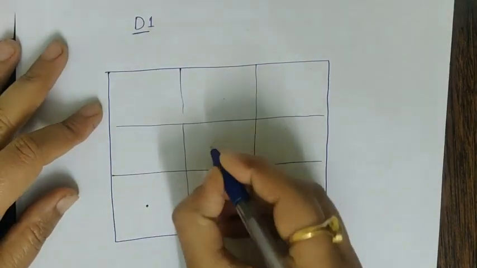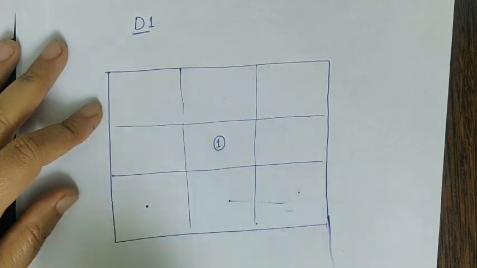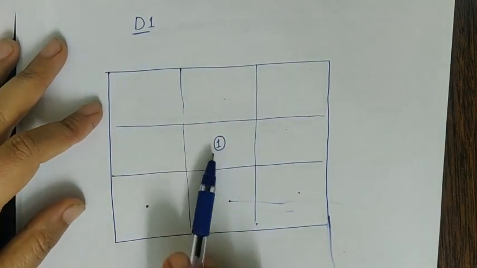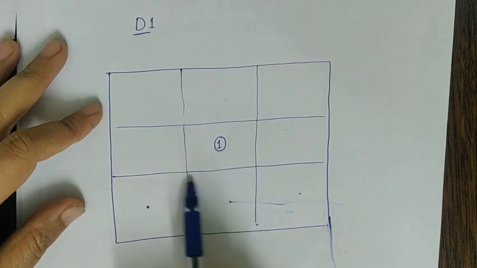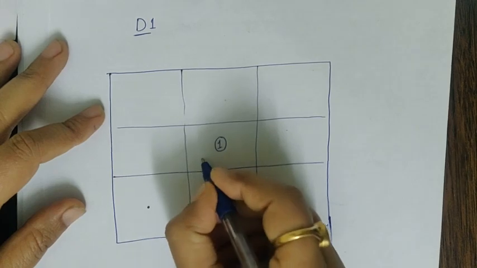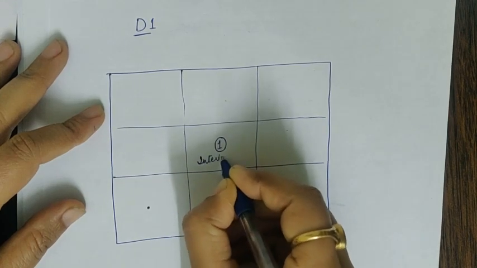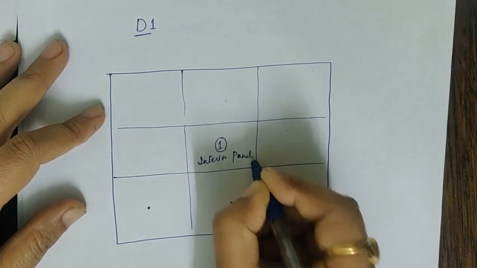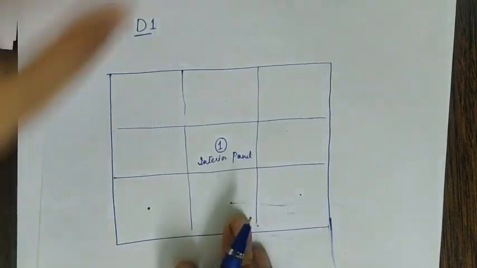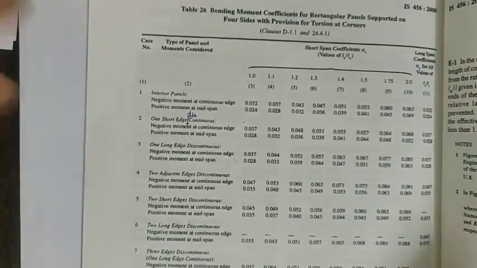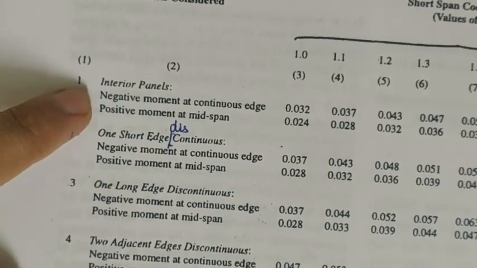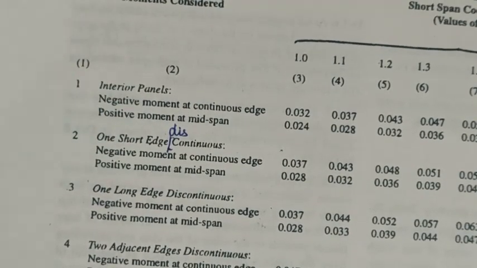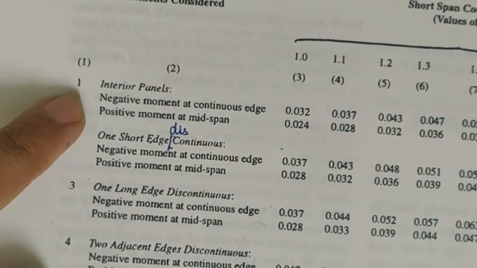Now look at this slab typically. Slab number 1. This slab is continuous on all the four sides. So this slab number 1 is actually called an interior panel. So it means it is basically following case number 1. In case number 1, it was written that there is an interior panel, which is continuous on all the four sides.